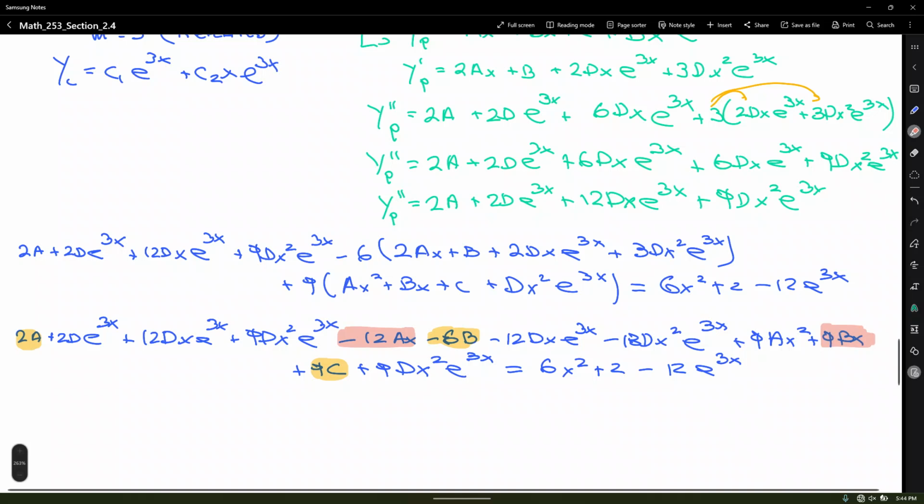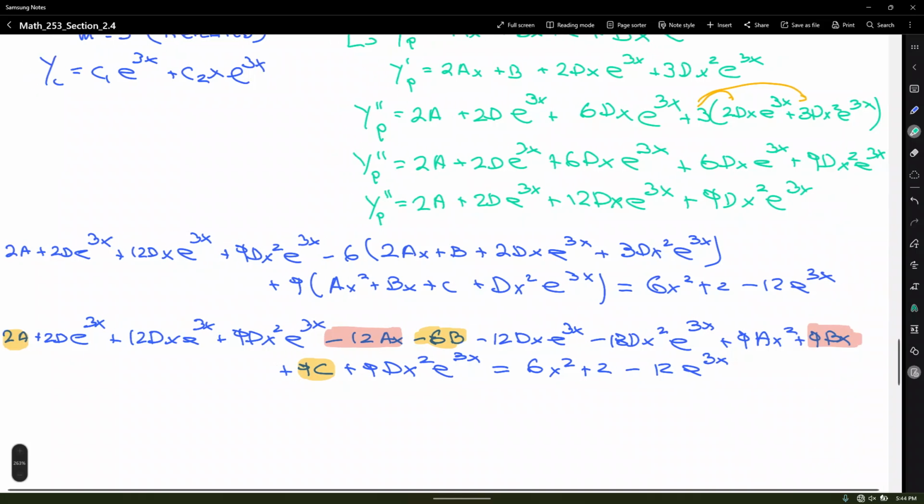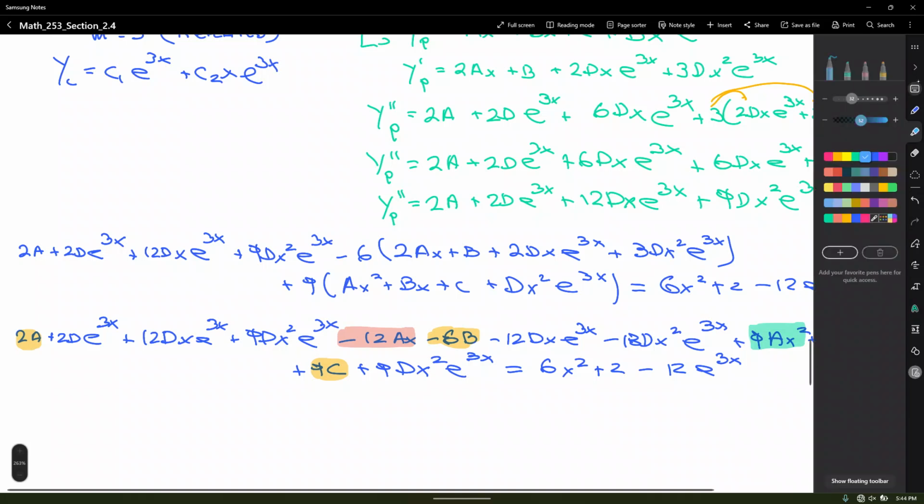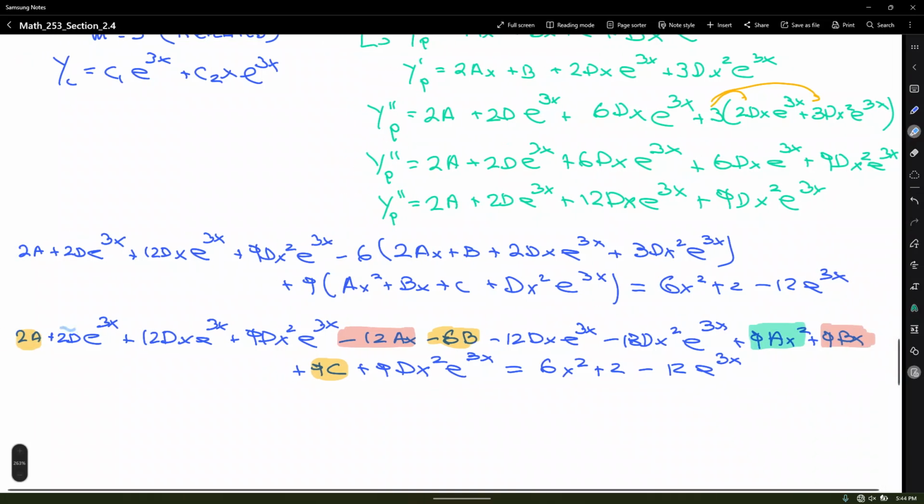What about constants times quadratics? I'm going to use a green highlighter, and I believe that's the only one. Let's get into constants times exponentials. I'm going to use blue. Looks like that's the only one. What about constant times x to the first power times the exponential?